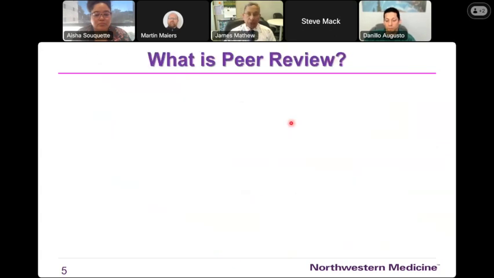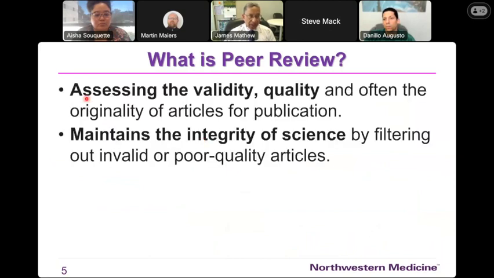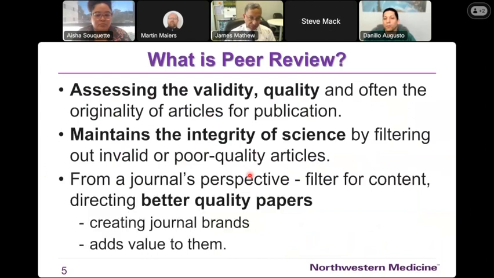Now, what is peer review? Peer review is designed to assess the validity, quality, and often the originality of the articles for publication. It maintains the integrity of science by filtering out invalid or poor quality articles.